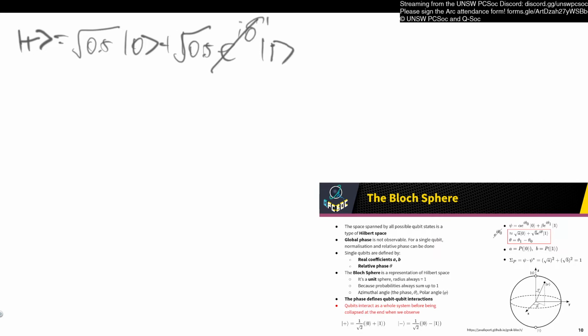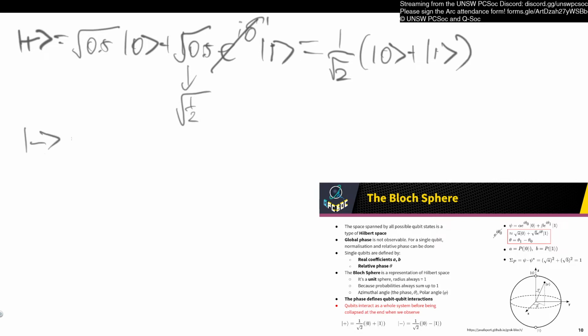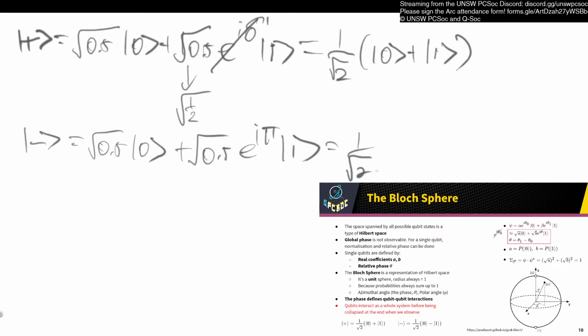We said already that e to the i0 is equal to 1, and root 0.5 is just root half, so this will be 1 on root 2. After you factorize, it looks like this. Accordingly, the minus state will be root 0.5 state 0 plus root 0.5 e to the i pi state 1, which is equal to 1 on root 2 bracket 0 minus 1. These are important identities, which we will talk about later.